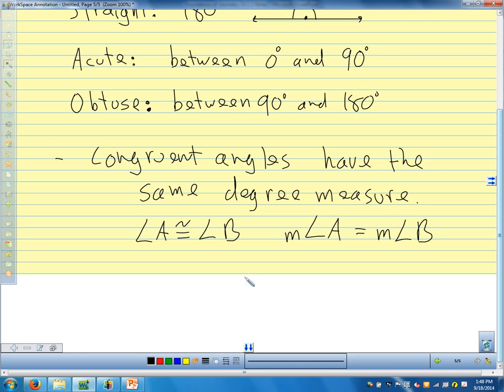And the way we would show it with a picture, we use the tick marks to show congruent angles. So that's how we would show that angle A and angle B are congruent in a drawing. The same number of tick marks means that the angles are congruent.